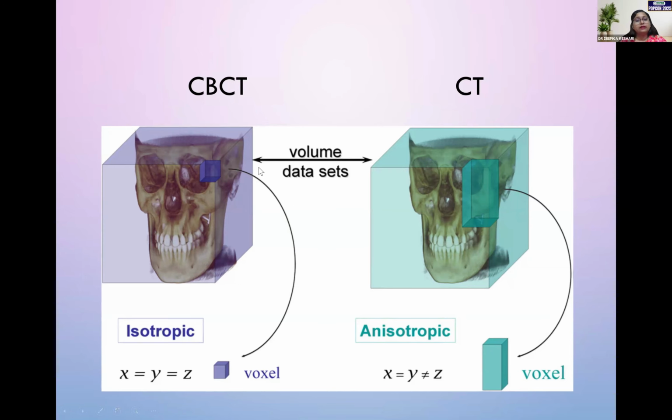When we are doing a multiplanar reconstruction in CBCT, since the voxel is in the form of a cube, all the planes are equal. So if we reconstruct any image in any other plane, we will get a 1:1 ratio of that image. So here accuracy will be better. Whereas in case of CT, this is anisotropic. So X is equal to Y but not equal to Z. When we do a reconstruction in the XZ or YZ plane, there will be distortion of the image. That is why CBCT is better than CT.